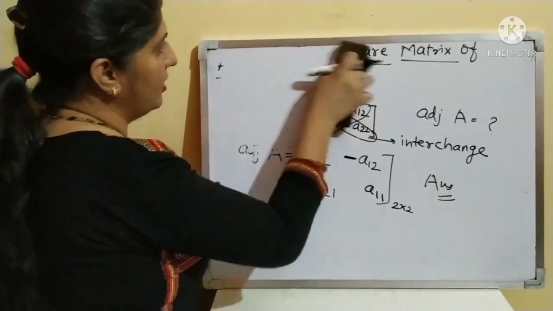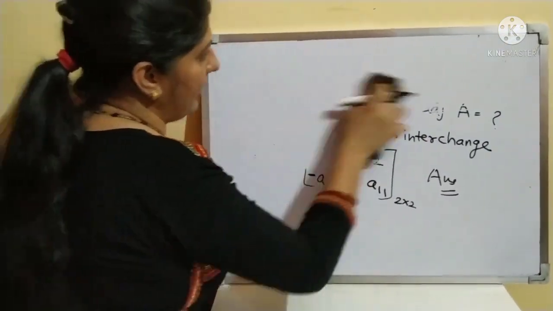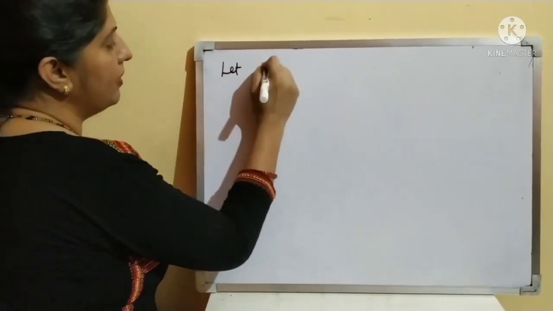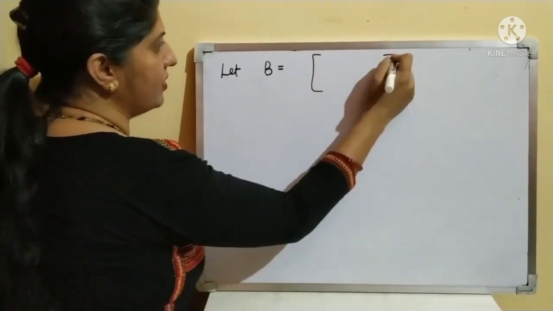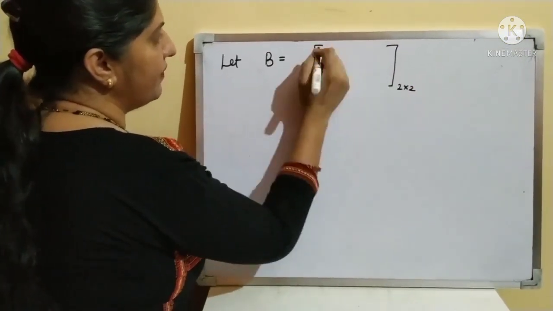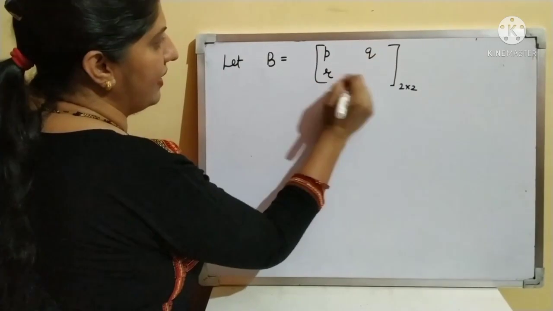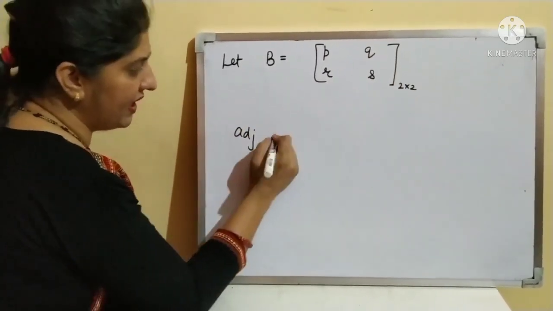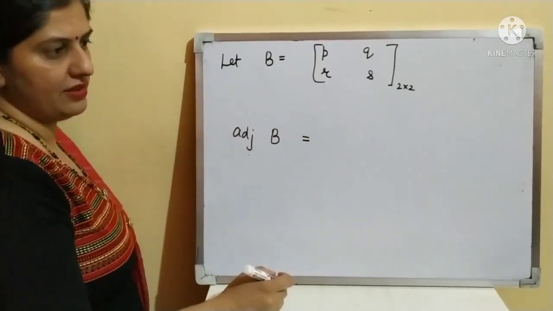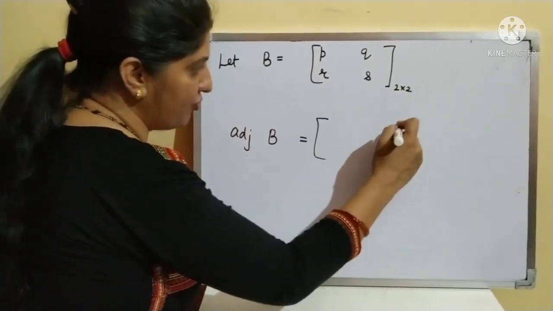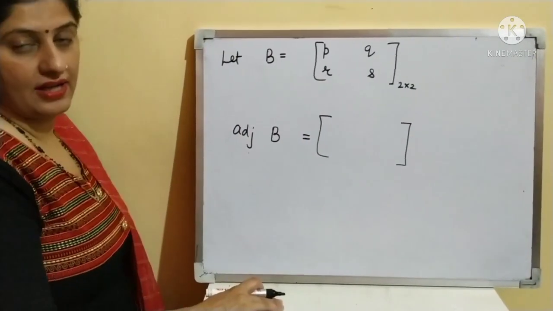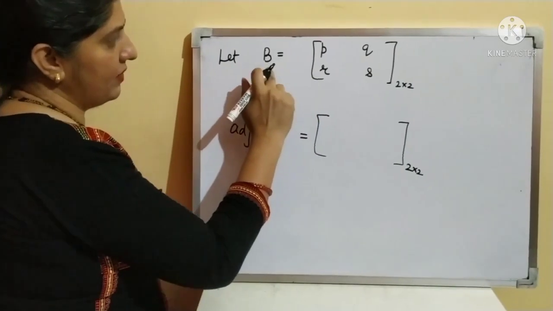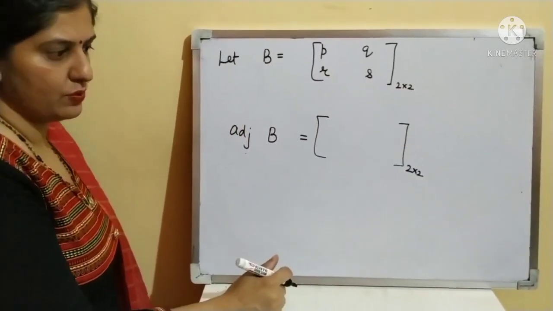We can try some more examples of this topic also. See, let B be any matrix of order 2 by 2 with entries P, Q, R, S. We have to find the adjoint of matrix B. We know that the adjoint of a matrix is again a matrix of the same order, 2 by 2.